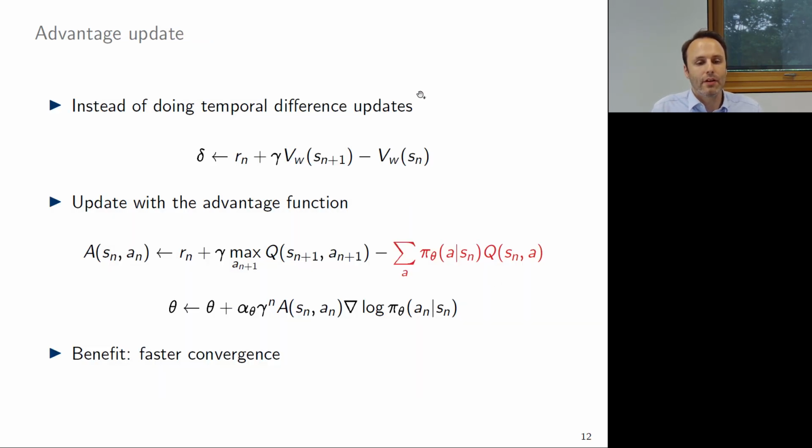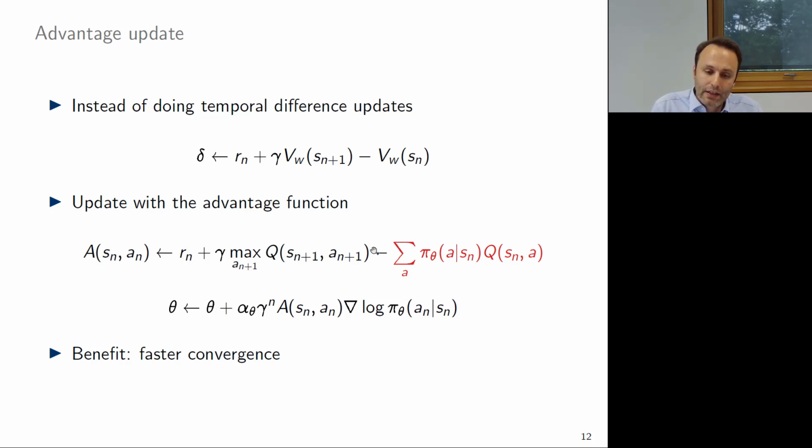Now, instead of using the temporal difference updates, we can even do better by using an update not using the value function, but using the Q functions. In particular, we can estimate the advantage function by taking the reward at the current step plus the discounted value function, so this is the same thing as here.